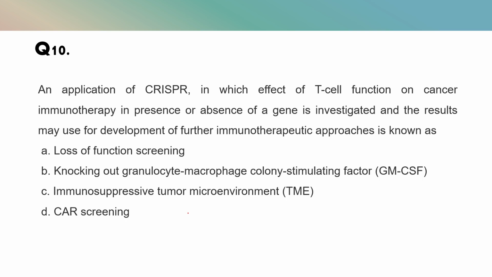So this is the mechanism of a certain screening method. What is the name of that screening method? Loss of function screening, knocking out granulocyte macrophage colony stimulating factor GM-CSF, or TME, or CAR screening. Read this question twice and then try to answer this.